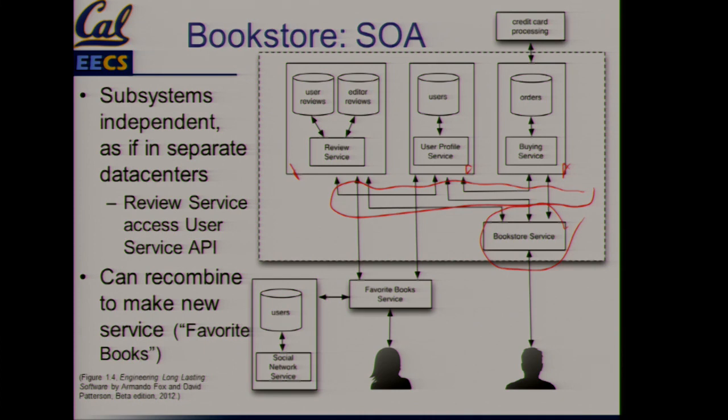Suppose you decided to have a favorite book service where you interact with your friends: here are my favorite books if you want to buy these. Maybe before it could only handle, say, eBay or PayPal, but you want to add credit card processing; there's another interface you could pull in. So if you pay the extra performance effort of going through those external APIs, you can reassemble these things together. That's an example of that.